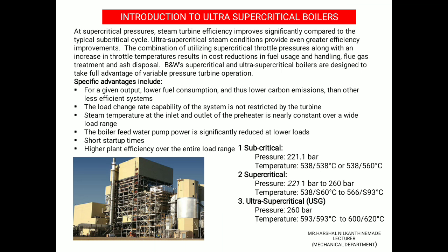The combination of utilizing supercritical throttle pressure along with an increase in the temperature results in cost reduction in fuel use and in handling of flue gases, treatment and ash disposal. Supercritical and ultra supercritical boilers are designed to take full advantage of the operation.